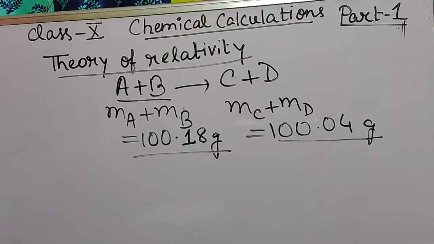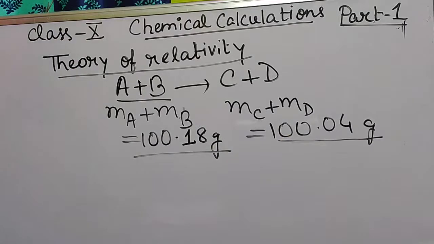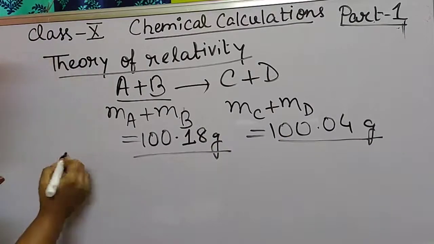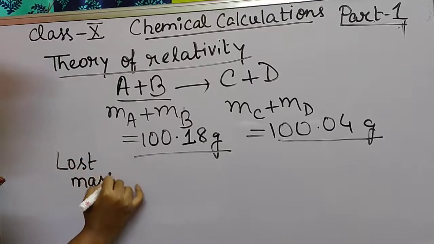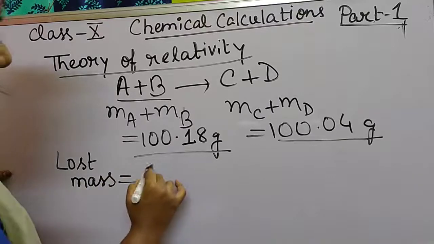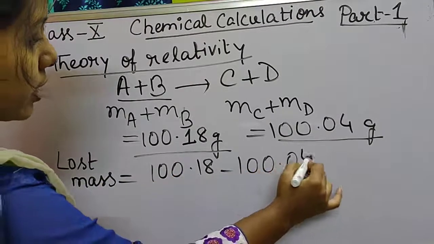So now we could see that a very little amount of mass has been lost during the chemical reaction. So what is the amount of mass that is lost? The lost mass, or the mass disappeared, is 100.18 minus 100.04 gram.